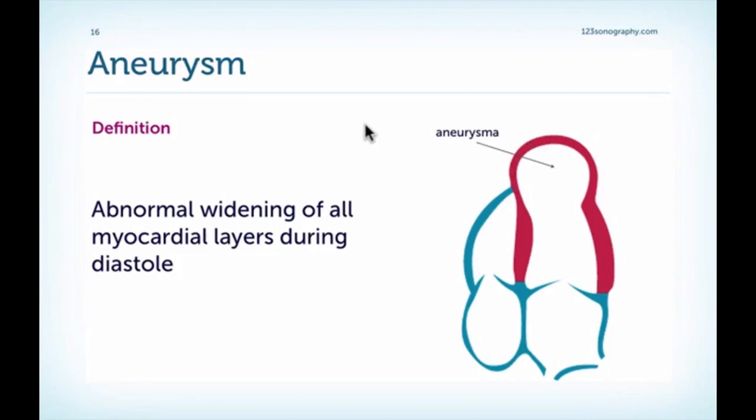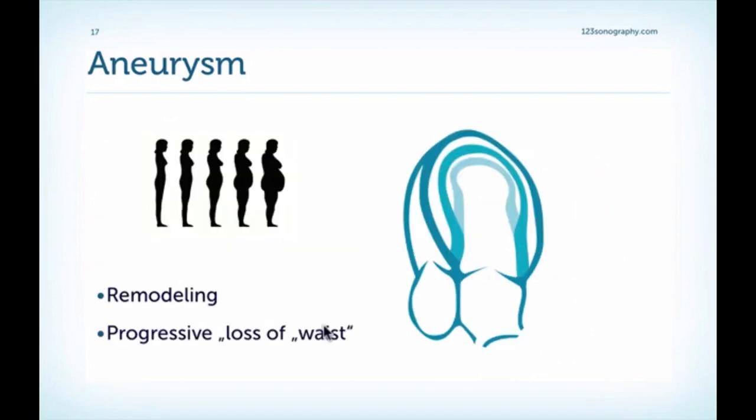In addition, some patients don't have aneurysms, but more severe forms of remodeled left ventricles. To explain this, take a look at this diagram. Let's say in the initial phase the patient has an infarct and he develops an aneurysm. The definition is quite clear. He has a neck and a widened apex, and all myocardial segments are involved.